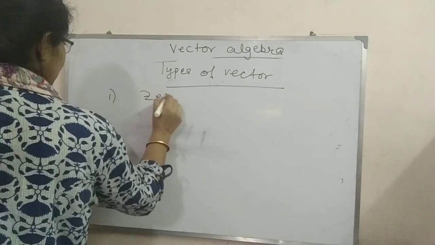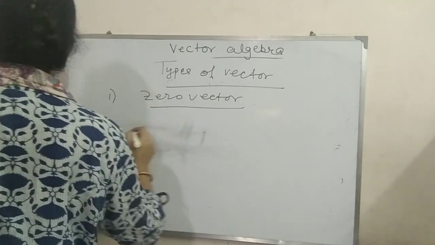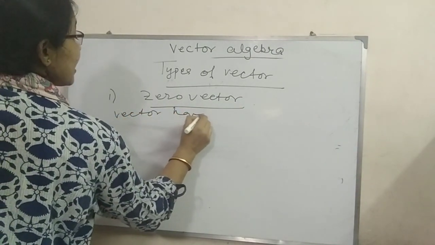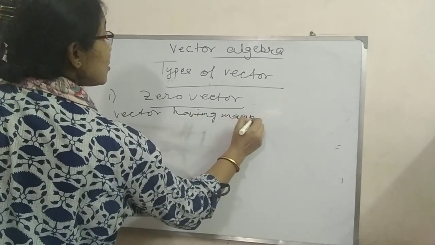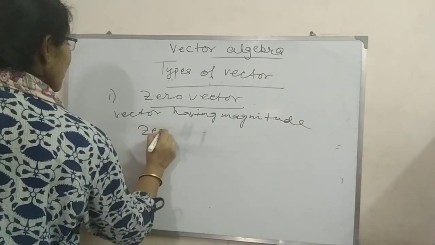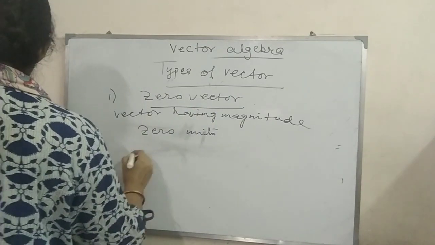First, zero vector. A vector having magnitude 0 unit is called a zero vector.